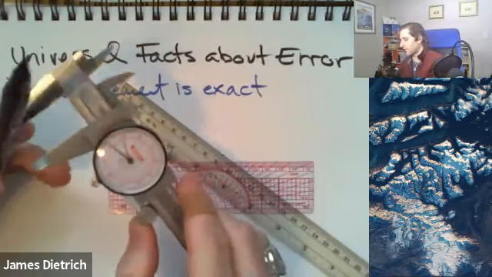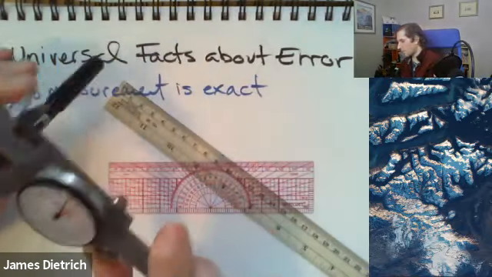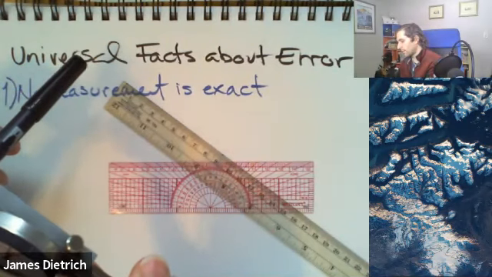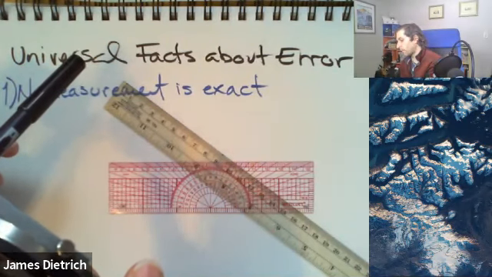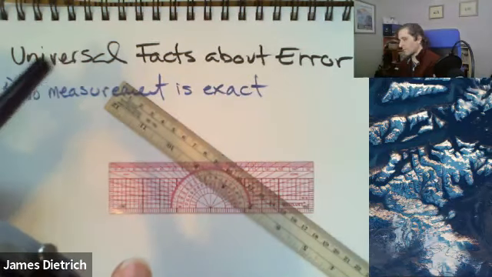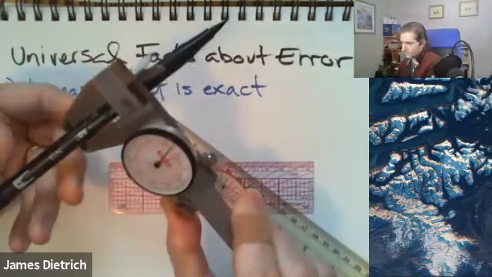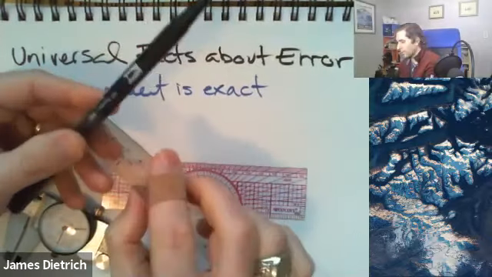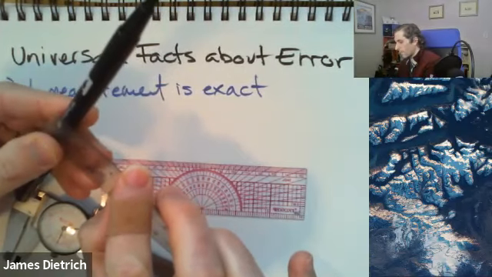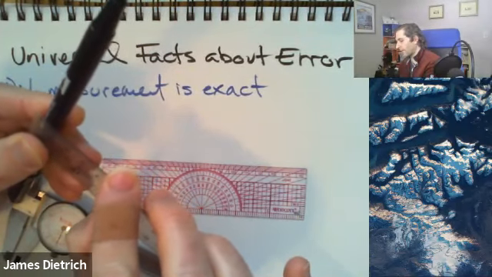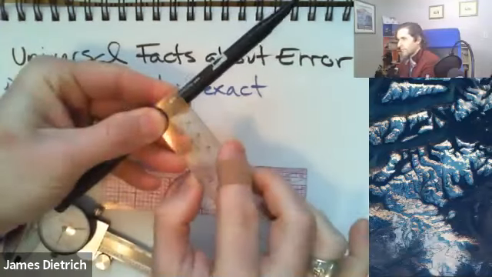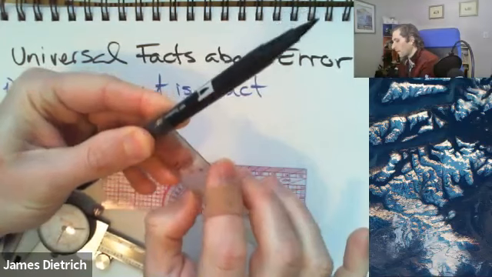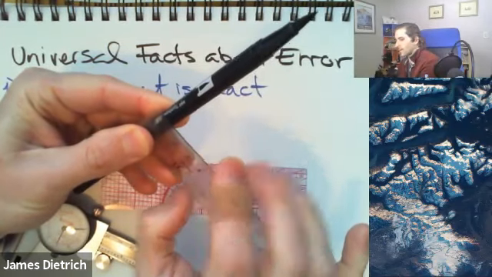So if I measured something like the width of my pen here, I can tell you with a certain amount of accuracy that it is 10.06 millimeters wide. Versus if I tried to use a ruler on this, I'd have to estimate. It covers about a centimeter or 10 millimeters, but I really can't get more exact than that.